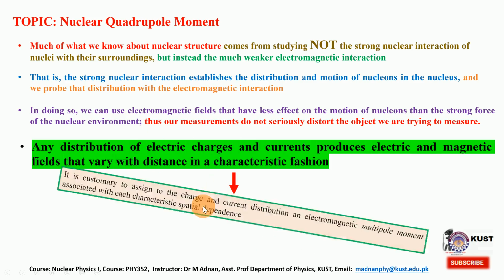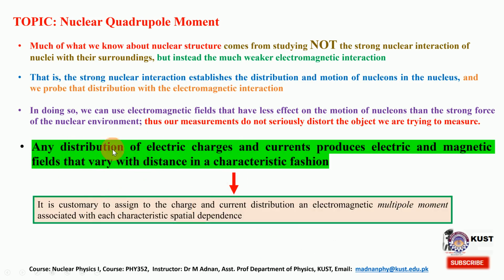So that we will discuss in this lecture. Again, as we have discussed, these charge distributions give rise to fields which vary in a characteristic fashion, so it is important to assign the charge and current distribution multipole moments associated with each characteristic spatial dependence.